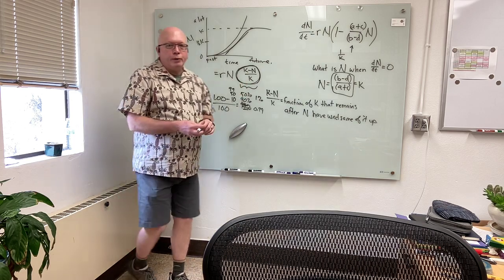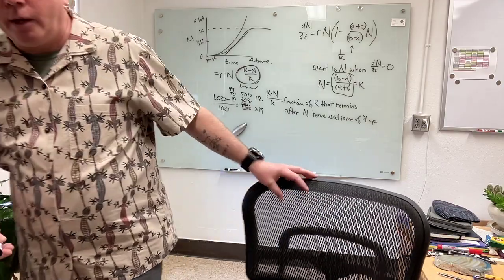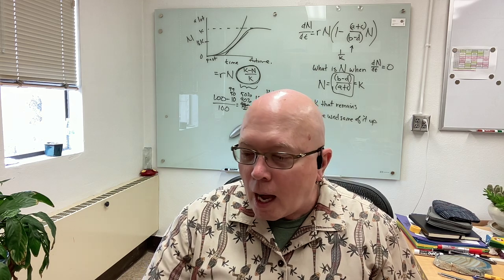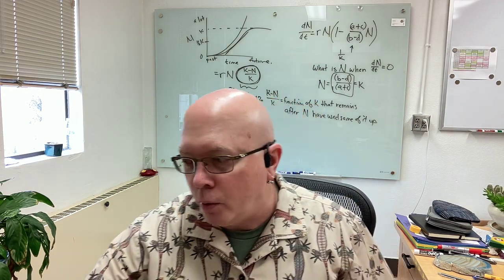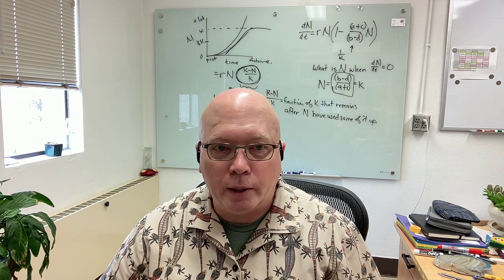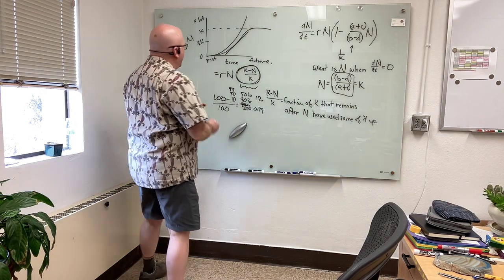So hopefully this was a clearer presentation than what I went through in class yesterday, and hopefully this will help you out some. I'm not going to ask you to do any of those calculations, but I do want you to know this equation.